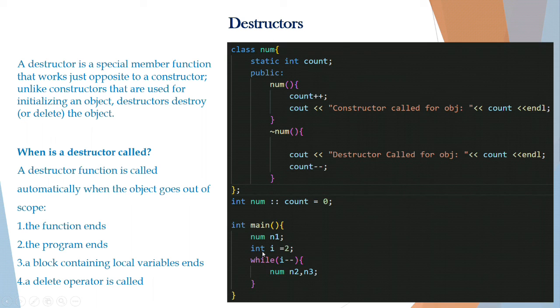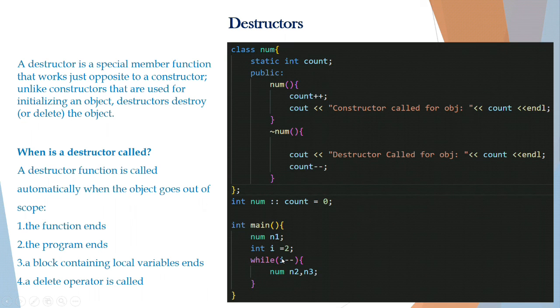Now we are initializing a variable i with the value 2, and a while loop is called. When the loop runs for the first time, we make the objects n2 and n3. For the first time it will print "constructor called for object 2", and when this ends, it will print "destructor called for object 2", and count minus minus means the count will go back to 1.